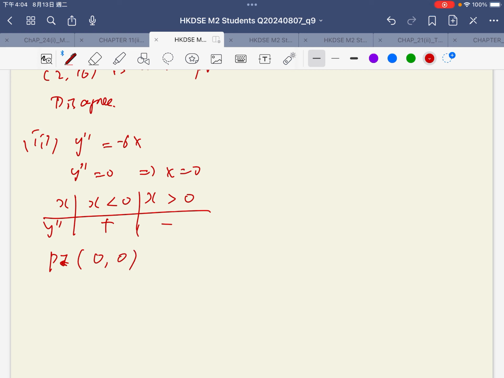This is part A. Then for part B, I think part B is a harsh problem. Oh, I made some mistake here.